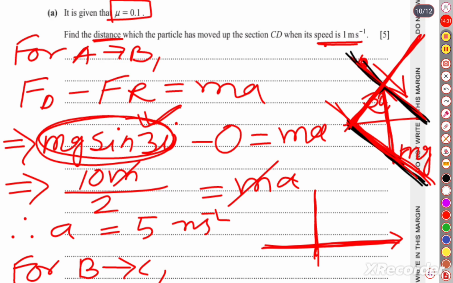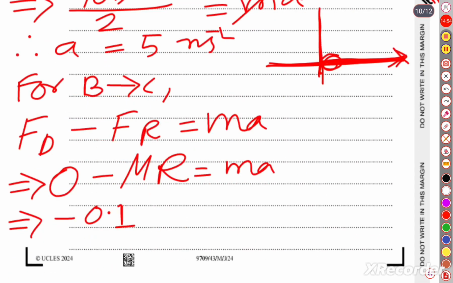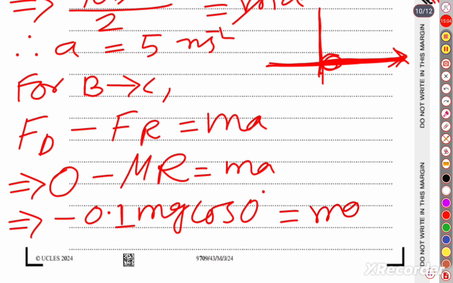The same formula. For the vertical line it was mg sin 30, and here for the new case the angle is 0, because this is the same line lying on this, so the angle is 0. And for the horizontal line we will use cos, which is opposite to sin, so we will write mg cos 0. mg cos 0 degree is equal to mass into acceleration.